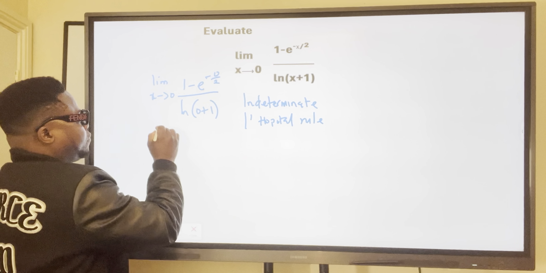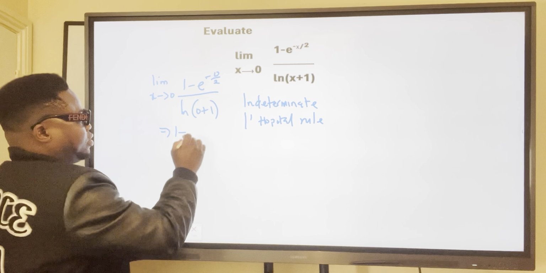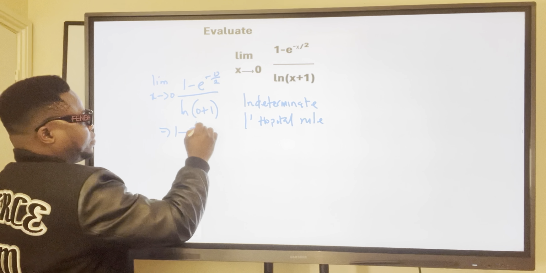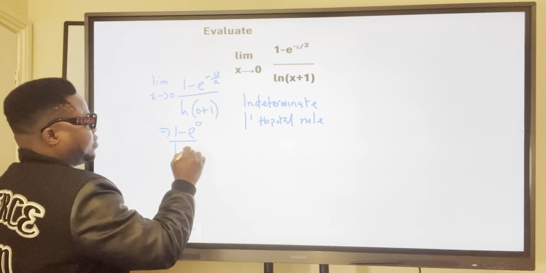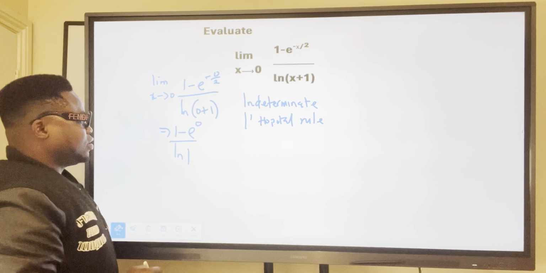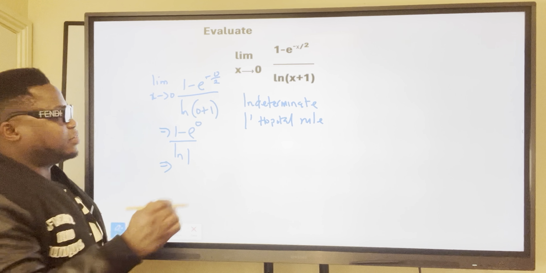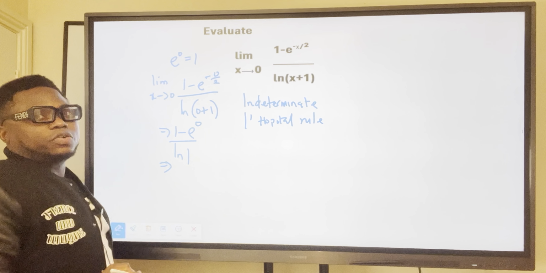So going further, I'm going to have 1 minus e to the power of minus 0 over 2 is something as 0, divided by ln 0 plus 1, which is 1. Remember that in indices, anything raised to the power of 0 is 1. So e raised to the power of 0 is 1.